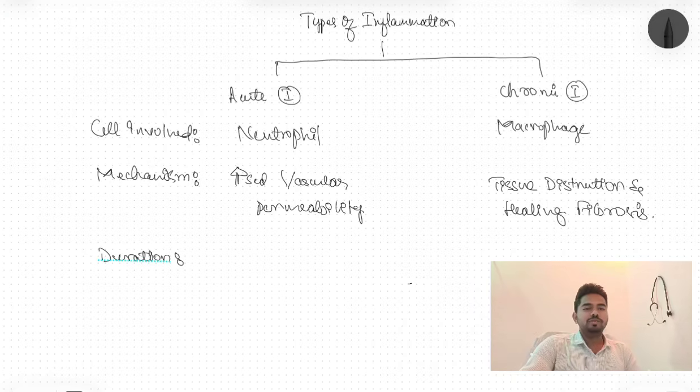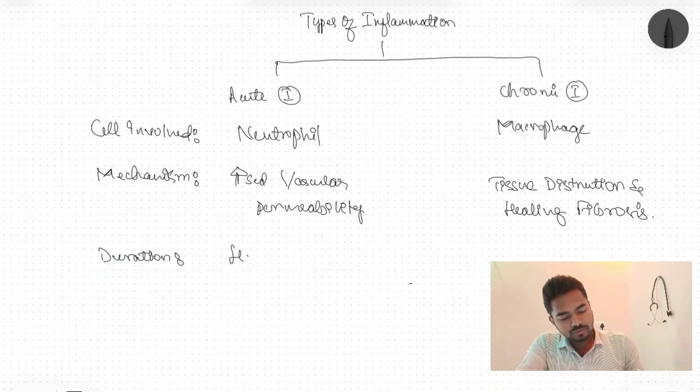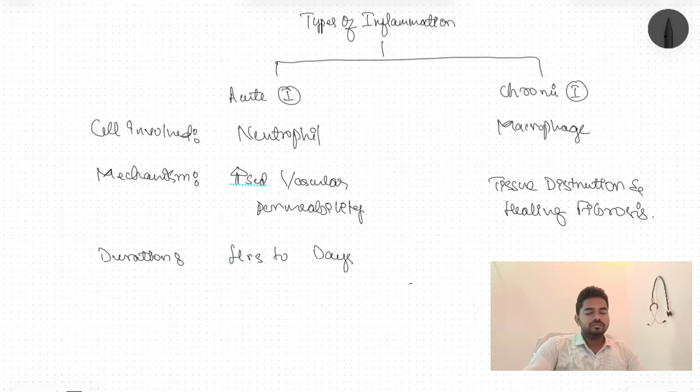Acute inflammation, we know, right? Any acute means it's a short period. It can last for hours to days. Time period is hours to days. In chronic inflammation, it is from months to years.